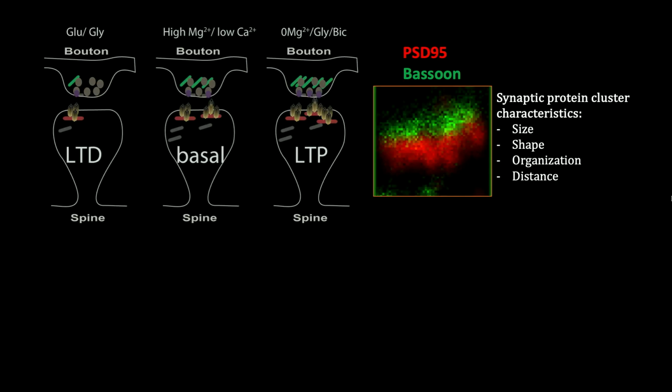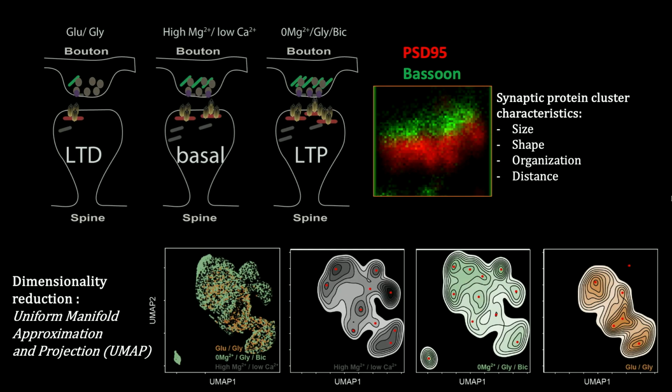That's what we did, and we had 3 different conditions: LTD, LTP, so long-term depression, reducing synaptic strength, long-term potentiation, increasing synaptic strength, and a low activity condition as a comparison. We first projected our high dimensional space into a lower dimensional space using UMAP projection.